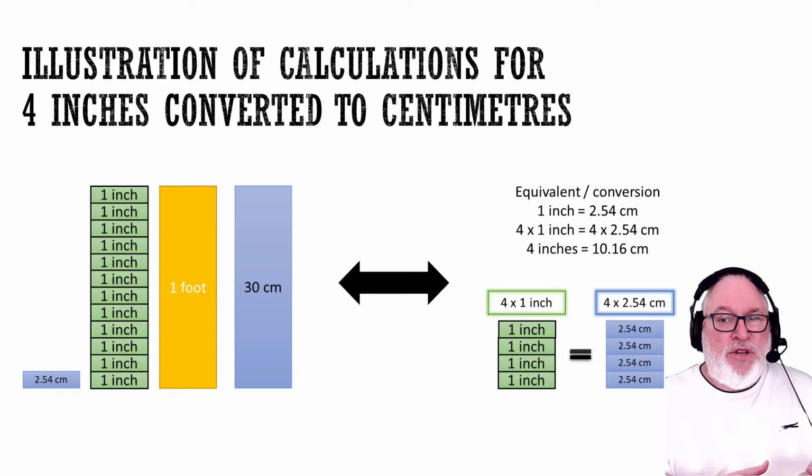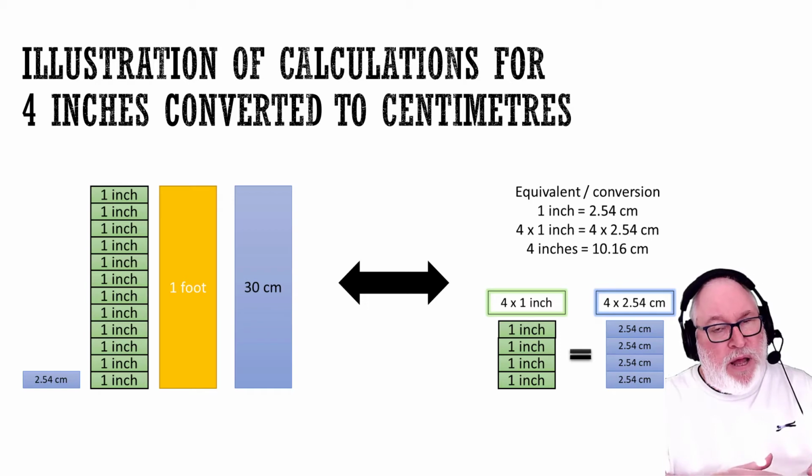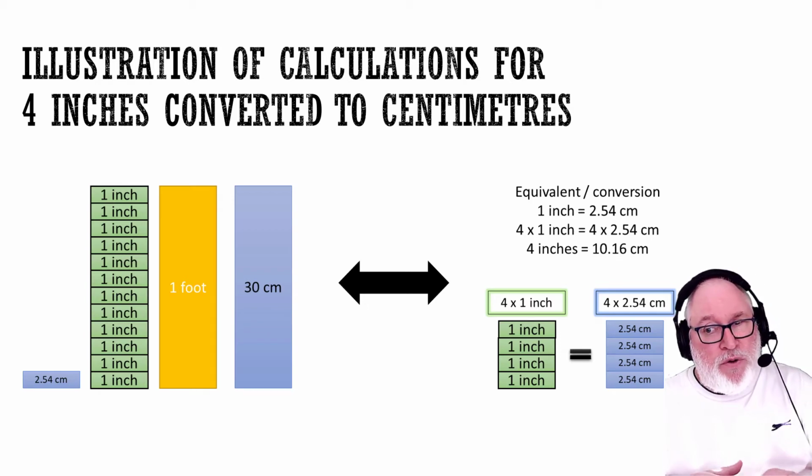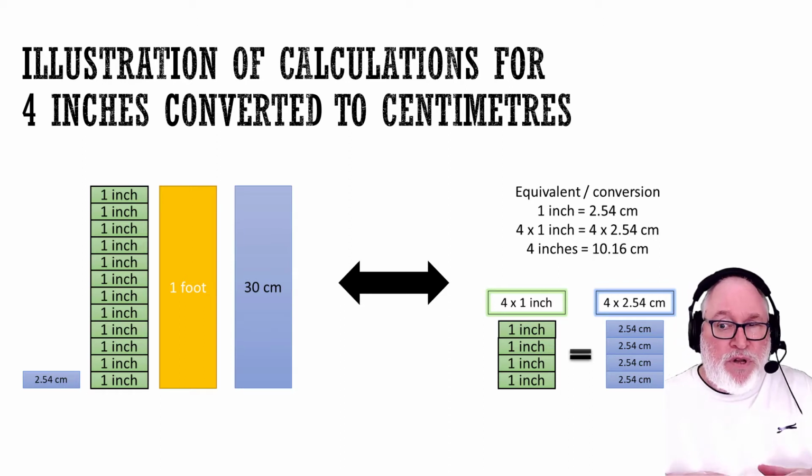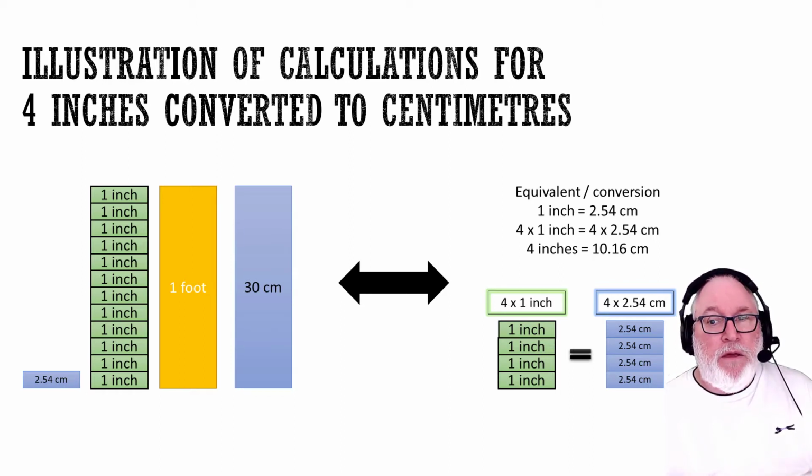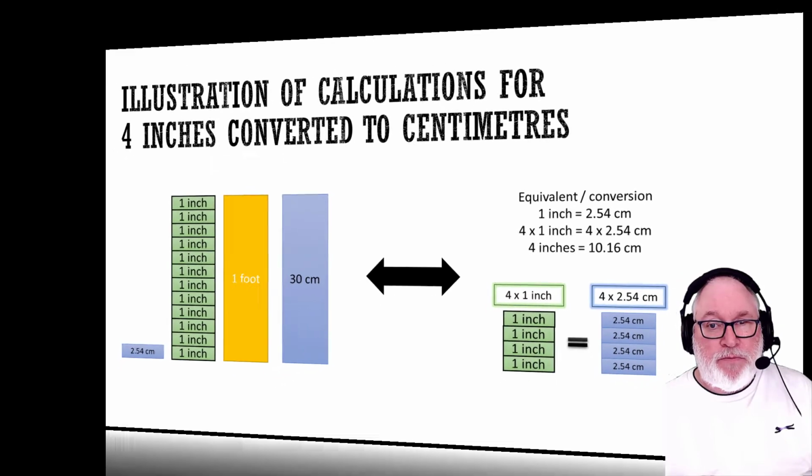If we then say 4 inches, what we're doing is multiplying that 1 inch by 4, so we've got to do the same on the other side. It would be 4 times 2.54 centimetres. So 4 inches multiplied by 2.54 centimetres comes out as 10.16 centimetres.